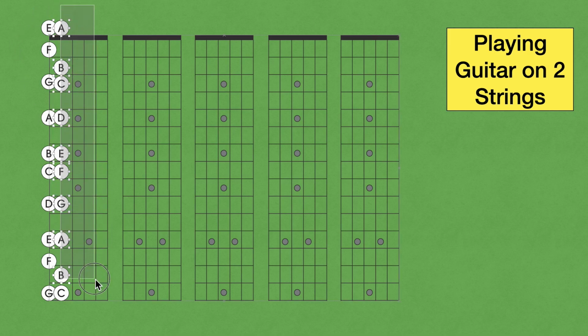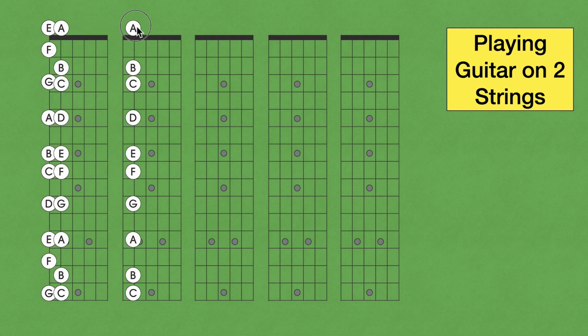So let's continue to move on here. If we put all the notes of the A string here, and this next string being D, everything pops up in relation to it, and naturally these notes are just duplicated down here.